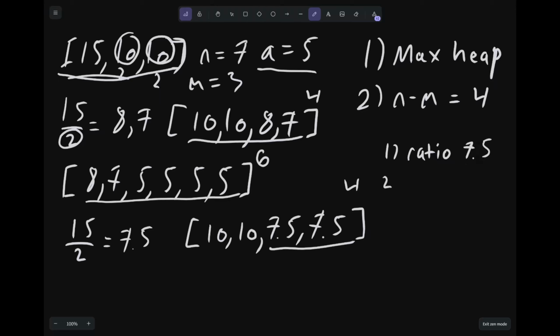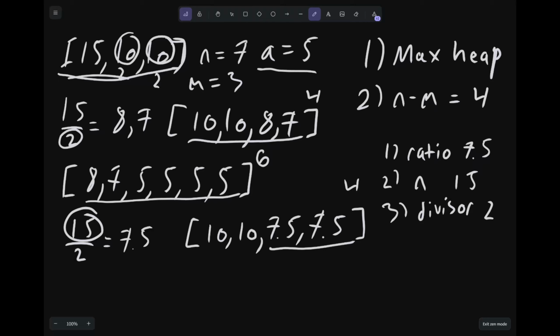Number 2, what that original number was. So the original number here was 15. I'll call this n, and n is going to be 15. And the third thing we're going to keep track of is the divisor, and that would be in this case 2.